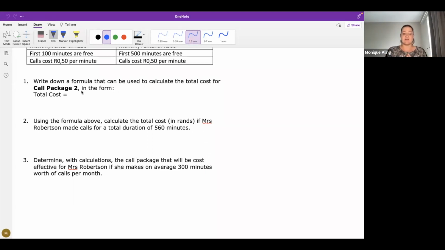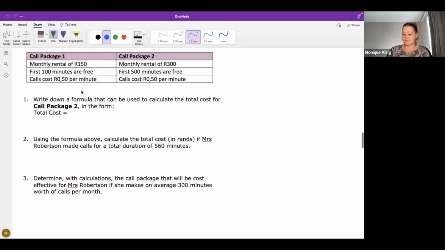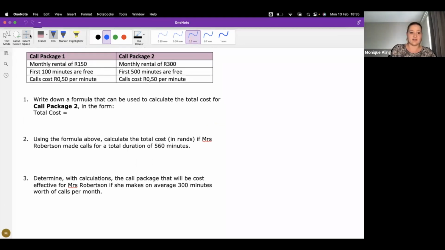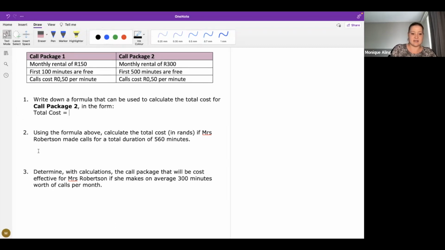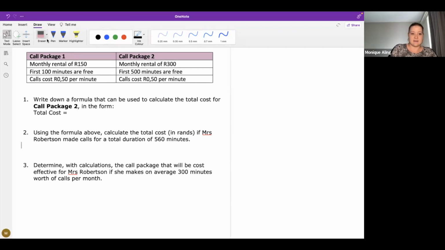Keeping in mind, we actually haven't done a formula for package 1. I just want to do this quickly so we have more space. Again, core package 1 has the same information, so we'll be using the same formula, just different amounts.